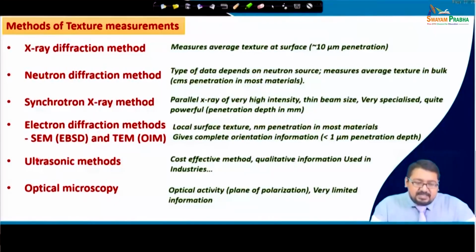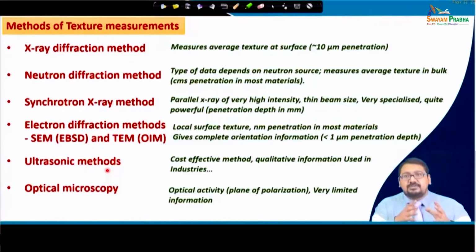Apart from this, ultrasonic methods can be used to give qualitative information of the changes in the texture, particularly used in industries. Most of the time ultrasonic methods are used to detect if there are any flaws or fractures in the material coming out of the production line. But if a certain texture is desirable, the ultrasonic intensity change that occurs because of that particular texture also changes if the orientation changes.